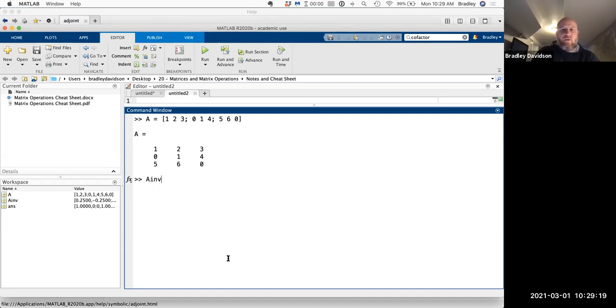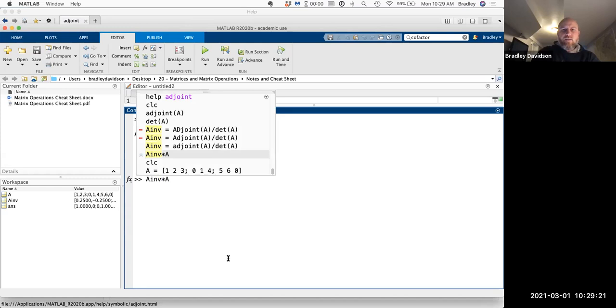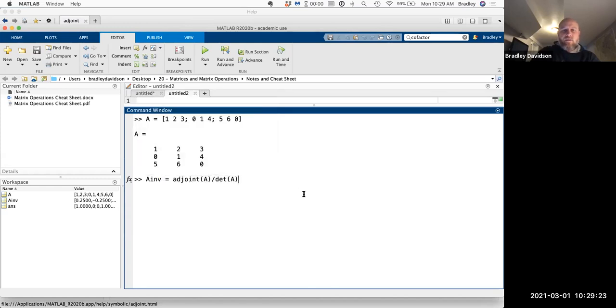We've got our A inverse that we'd like to calculate, and that we can calculate using the adjoint of A divided by the determinant of A. And let's check our solution that it gives is negative 24, 18, 5, 20, negative 15, negative 4, 5, 4, and 1. Okay, so hopefully this will work.